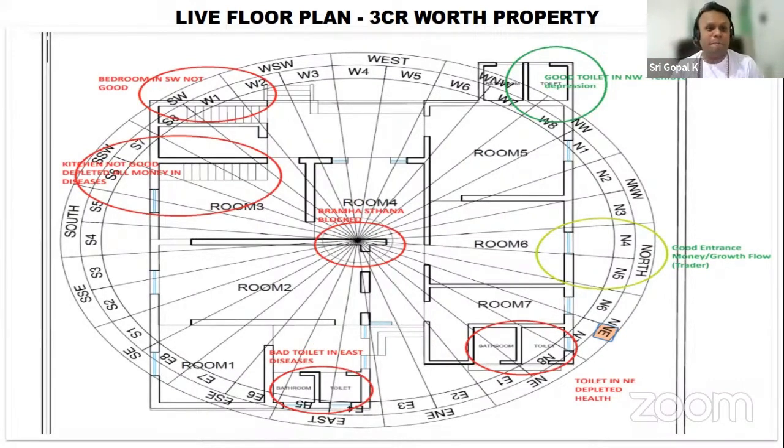Please write it down: you will always have relationship problems. If anybody has a kitchen, the fire element, in the southwestern or south southwestern direction, they will have problems related to relationships.